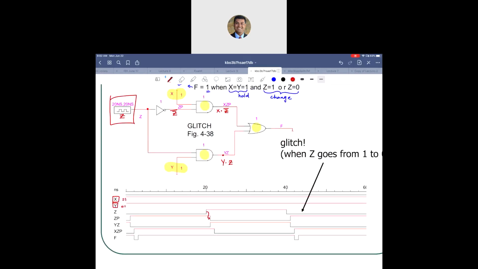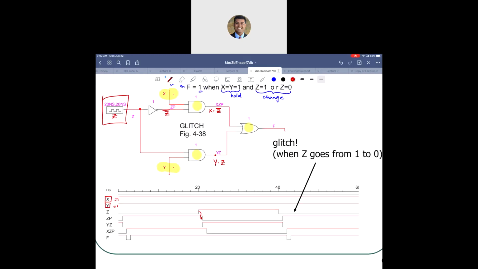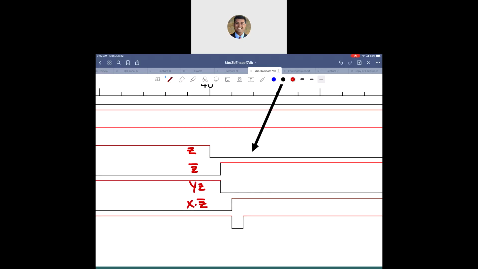And then there will be changes at the output. But what is going to happen is this. When you change, let's take a look at this. This is Z here. This is Z prime here. What is this? This is YZ. And this is XZ prime. All right, I'm going to zoom in over here. And just for the sake of identifying these 4 timing diagrams, I have labeled them over here. And then, of course, the last one is F.